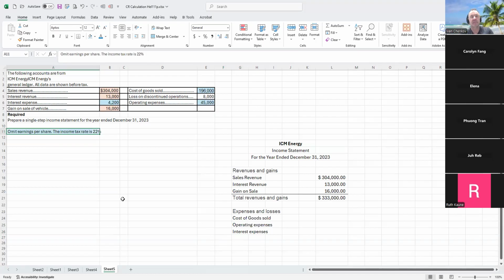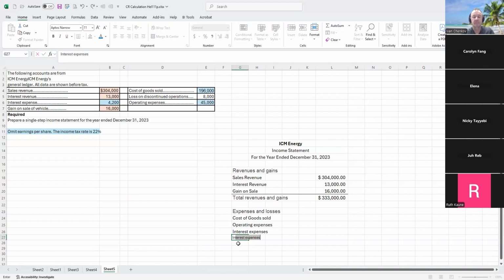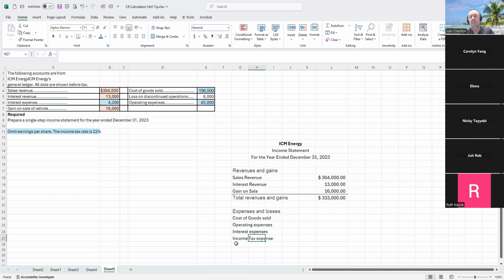Can you see it? Income tax? Income tax, yes. Now it's time for the company to pay income tax. Based on what are they going to pay the income tax? Based on the income, right?